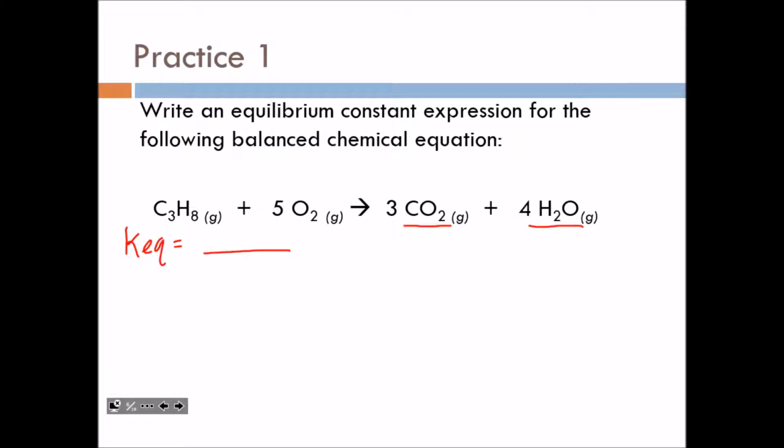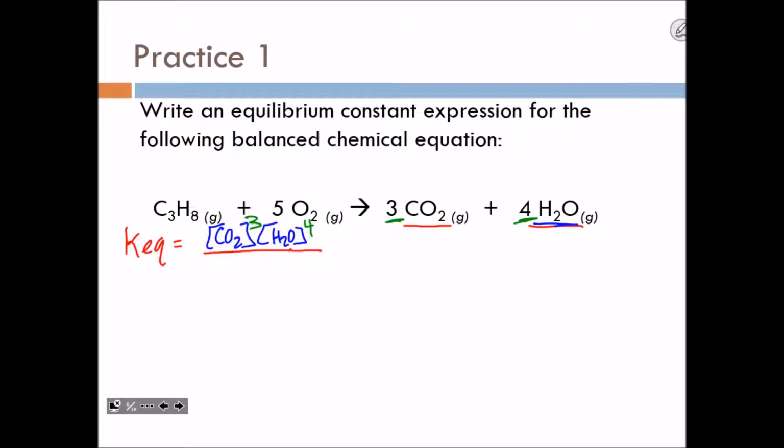Here, we're going to use CO2, okay? And we're going to raise it to the power of the coefficient, which happens to be a 3. So it gets raised to the third power. Then water is our other one over here. So we put the concentration of water on the top, raised to the power of its coefficient, which happens to be a 4. That's going to go in the numerator.